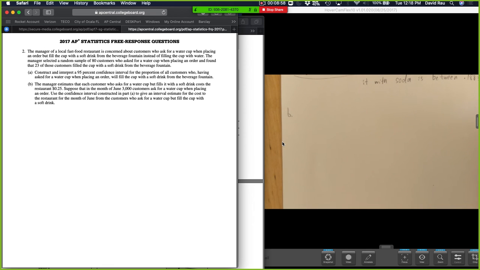Now again, there's something I said last time that shows up here that you want to take note of, and that is if you're going to do anything in the calculator, put it on the page as well.